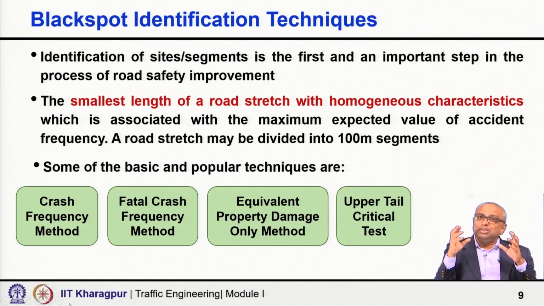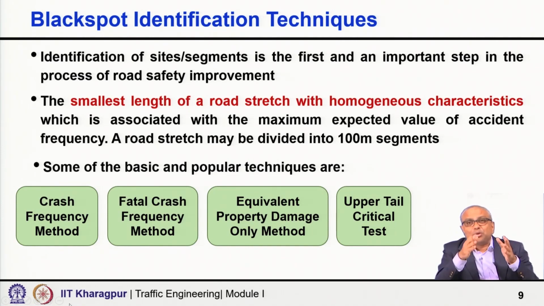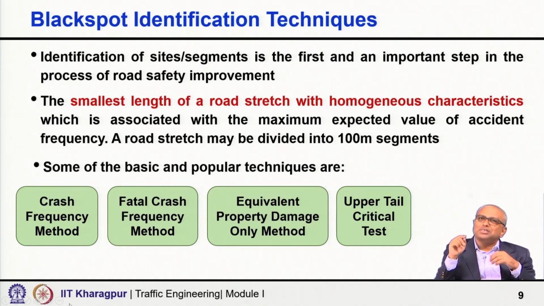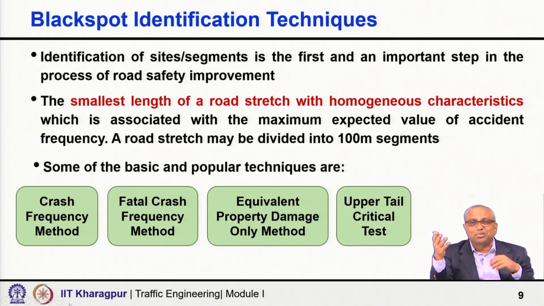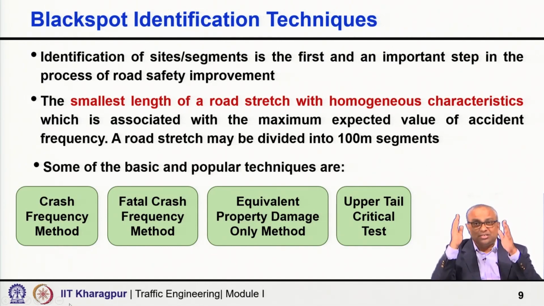But do we really find that at some locations distinctly higher numbers of crashes are happening as compared to other locations? That tells you probably there is something wrong with the location, or there could be location-specific problems contributing to so many accidents or so many fatal accidents at certain geographic locations or certain short segments.